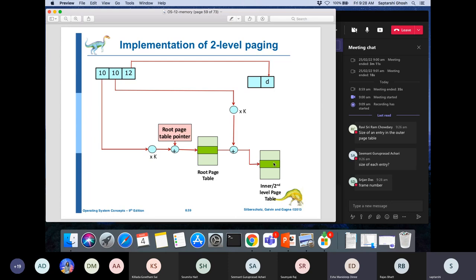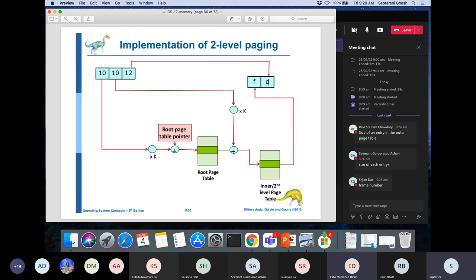This entry will actually give us the frame number where the data is stored. So we will just get the frame number from here. And finally, we will use this third component of the address, this 12, as the displacement within this frame or within this page where the data is stored.